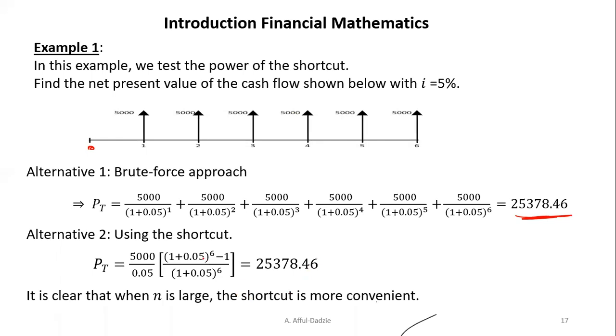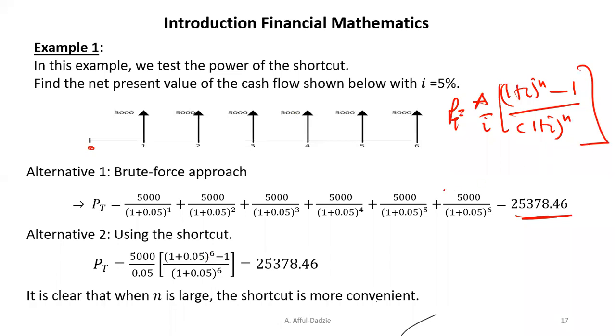Now, if we put it into the same formula, the present value for uniform cash flow is A over I, (1 plus I to the power n, all minus 1) over 1 plus I to the power n, and close the bracket.